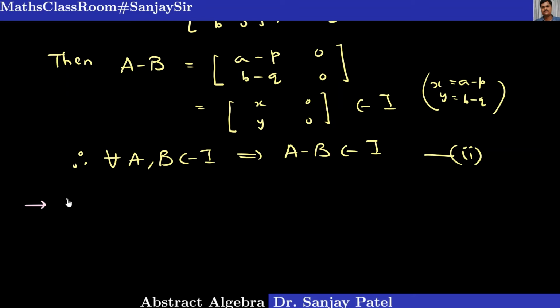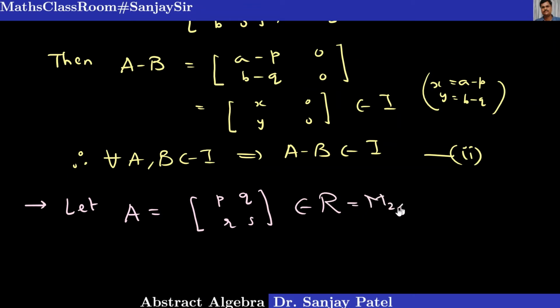So let us take one element, say that I will denote it by capital A, or let me write some other notation. A is equal to P, Q, R, S. Okay, P, Q, R, S belong to the ring R. What is the ring R? Ring R is M 2 cross 2 of R.